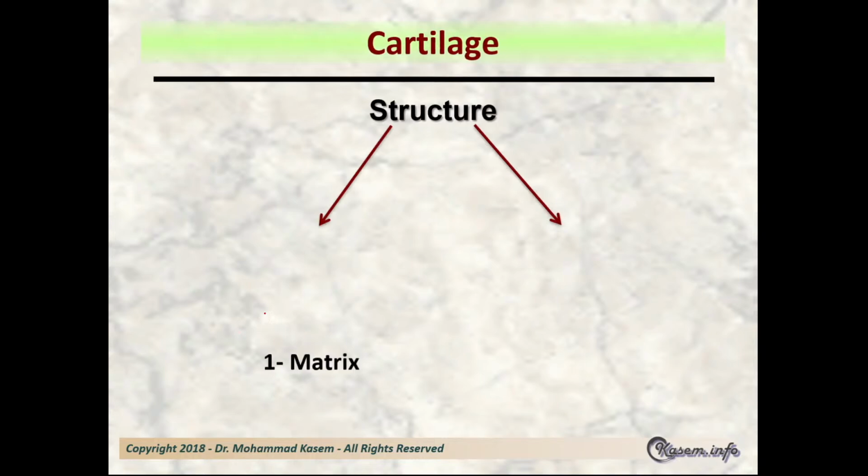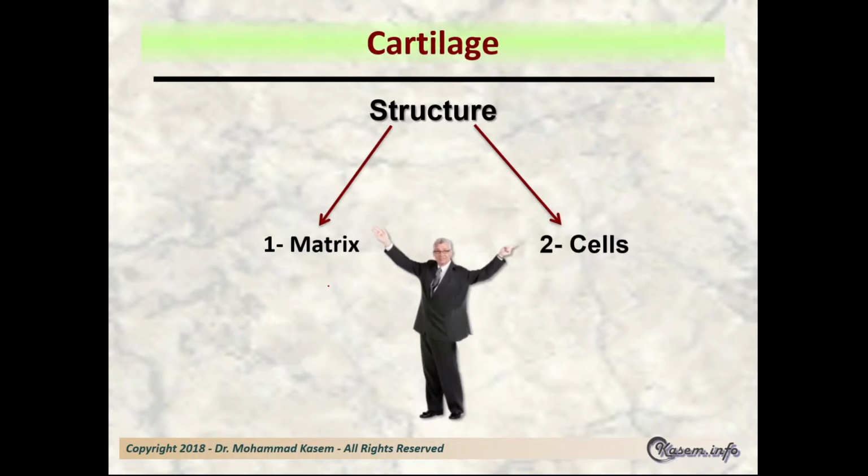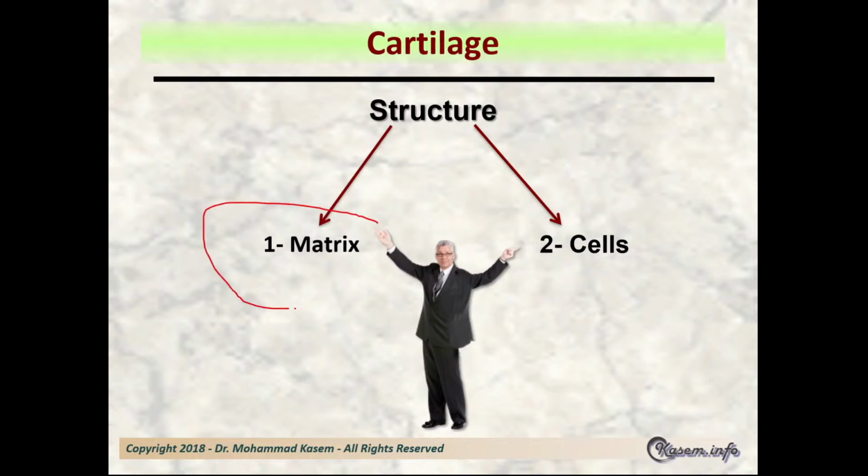Cartilage, just like other types of connective tissue, consists of two major components. The matrix, which is the majority of the volume, contains a large amount of matrix and a relatively small amount of cells.